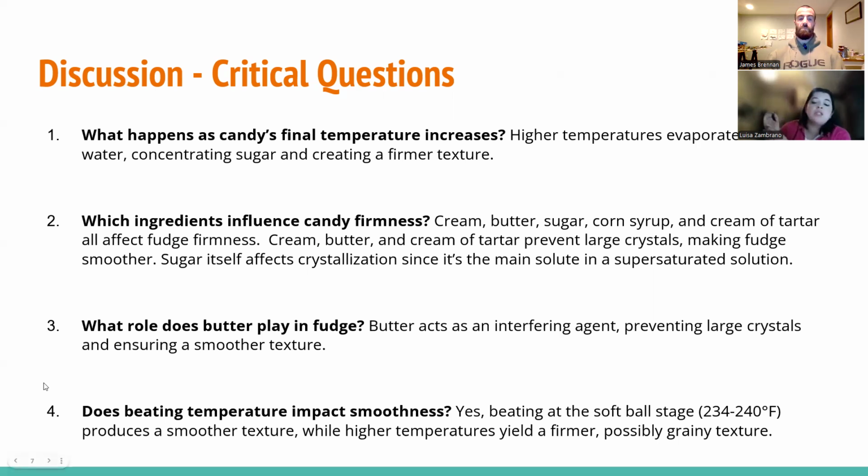So if you want a softer fudge, you definitely would need to start beating it at the softball stage. So as you can see, these points are actually essential for understanding how cooking techniques and how the ingredient choices affect the final quality of the product.